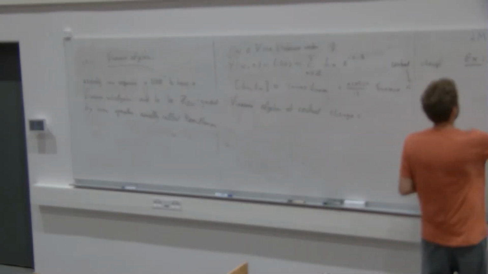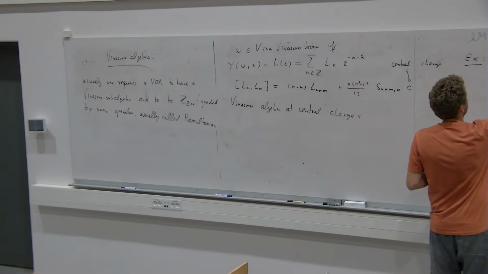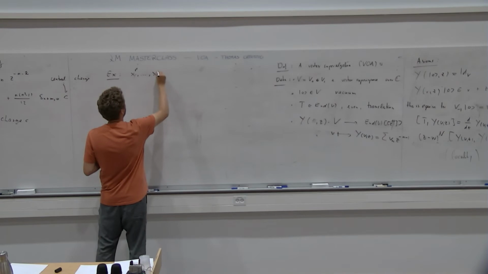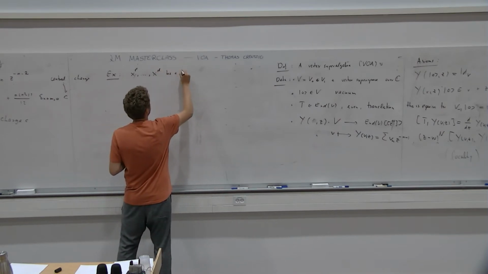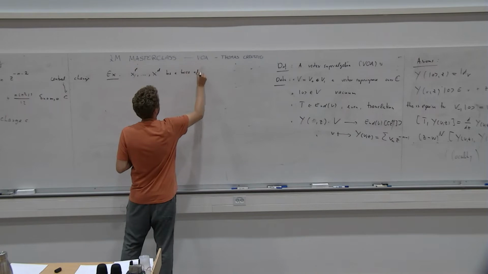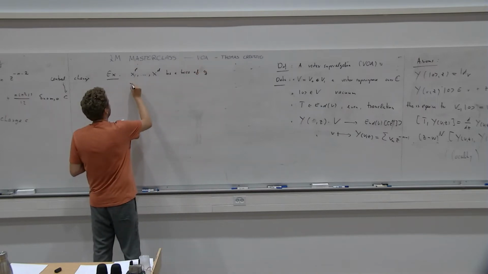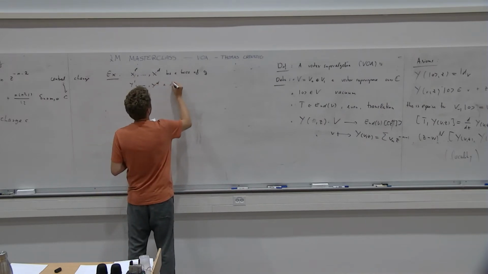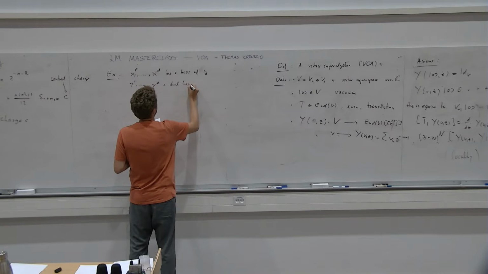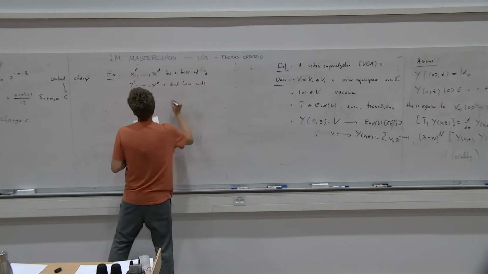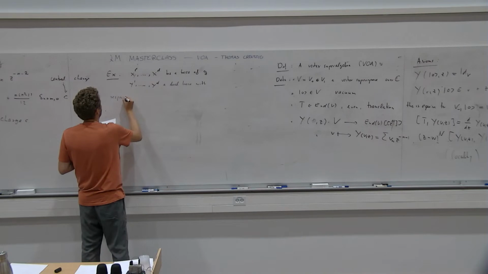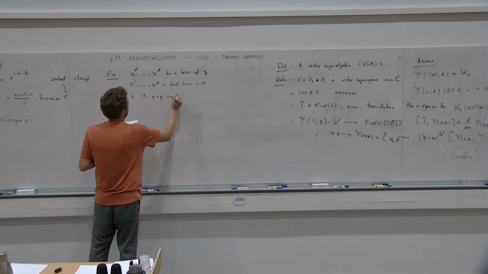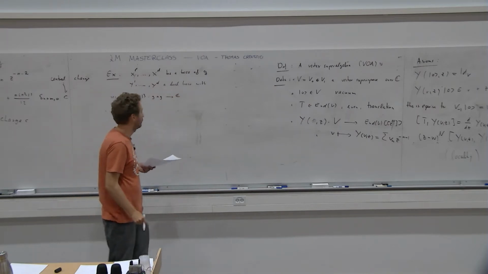So let x1 up to xd be a basis of our Lie superalgebra G, and y1 up to yd a dual basis with respect to our bilinear form, which we now have to assume to be non-degenerate.